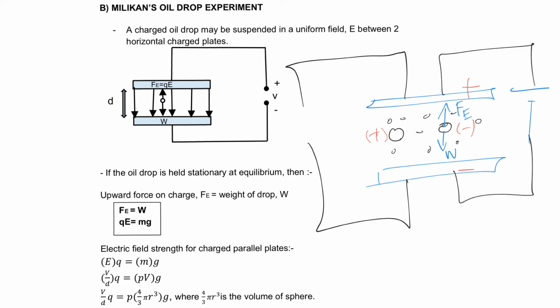Once again, you remember the weight is always downwards, so the electric force has to be upwards. In order to generate electric force upwards, which plate has to be positive? Bottom. So the bottom plate will be positive, the top plate is negative, then the electric force is upwards. Understand? So this is how you will set it up.